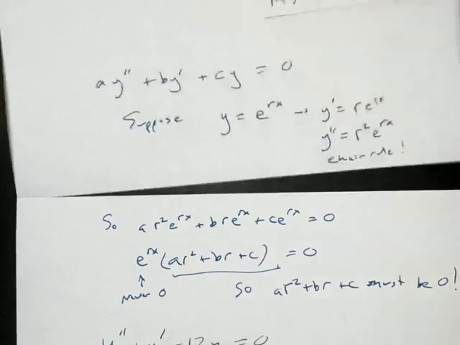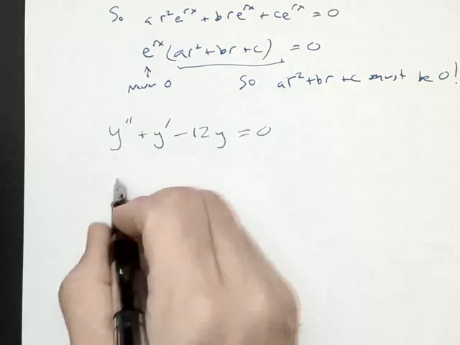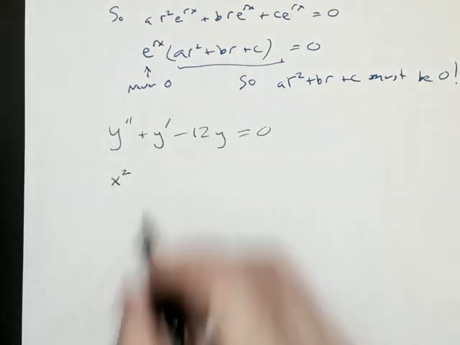Here is a differential equation. Second order, constant coefficients. Y double prime plus Y prime minus 12Y equals 0. Great, fabulous, wonderful. Take that, throw out the derivatives, and replace each derivative with a power of x corresponding to the order of the derivative. So here, I will replace y double prime with x squared.